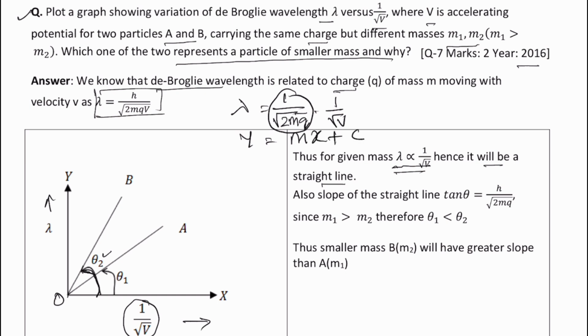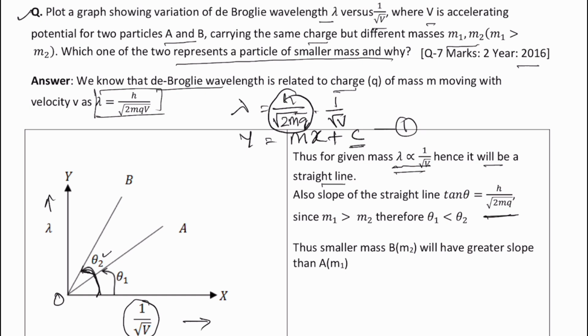If we compare with the equation of a straight line, the slope of the line is h by root 2mq, and the constant is 0. There is no constant, that is why it is passing through the origin, 0, 0.